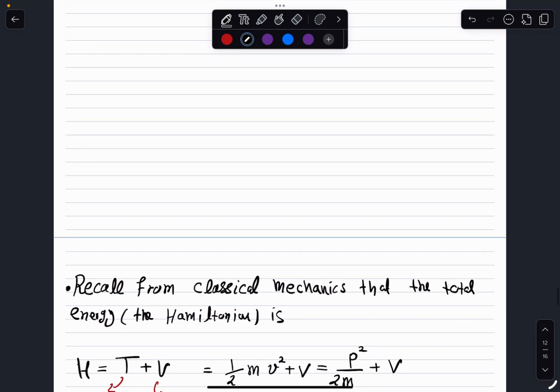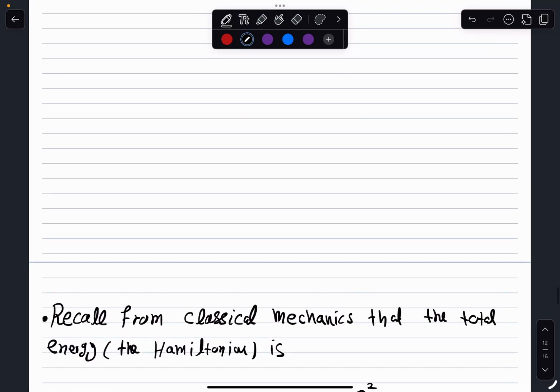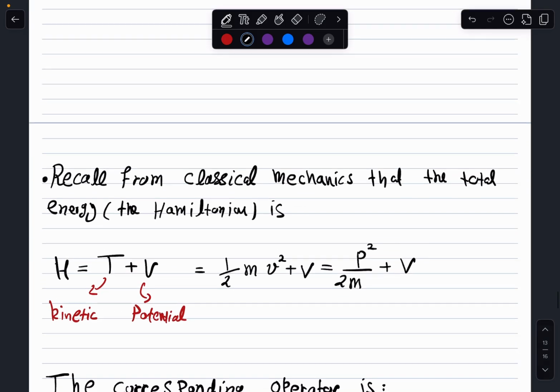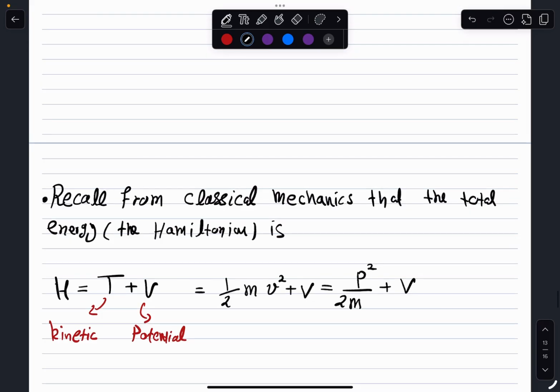Now recall from classical mechanics that the total energy, which in our case is equal to the Hamiltonian, is just the sum of the kinetic energy and the potential energy. And the kinetic energy for a particle can be written as half mv squared, plus the potential.